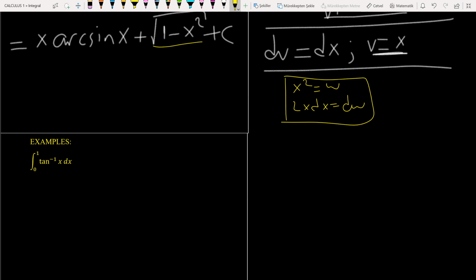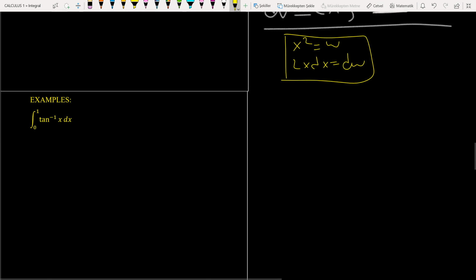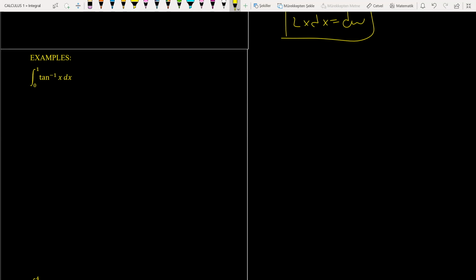Now I want to solve some definite integrals using the same technique, integration by parts. The first example is the integral of arctangent x from 0 to 1. Since we have an inverse trigonometric function, u becomes the inverse trigonometric function, since this comes first, arctangent x.